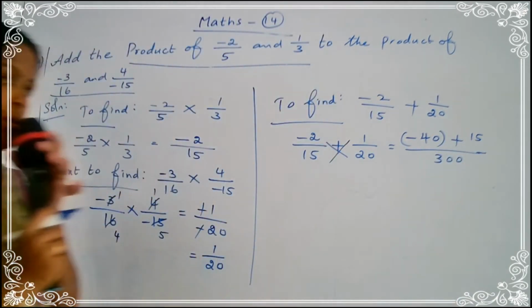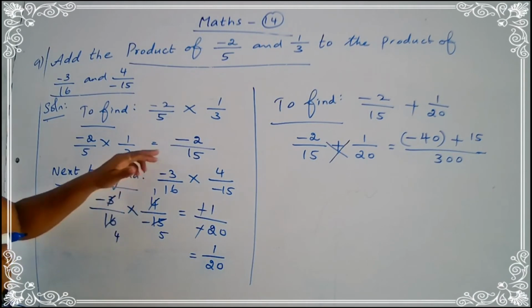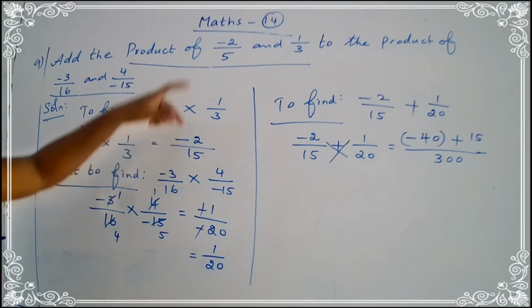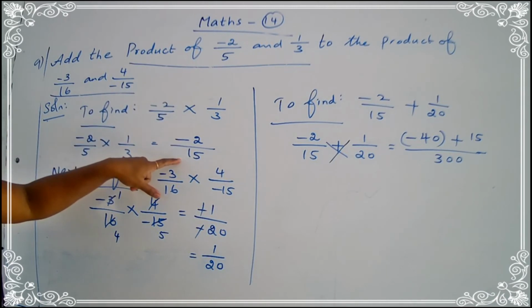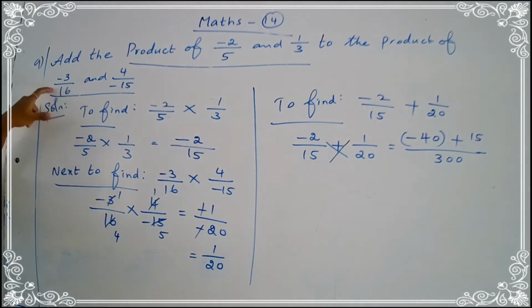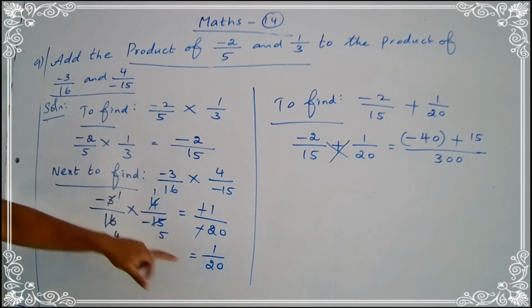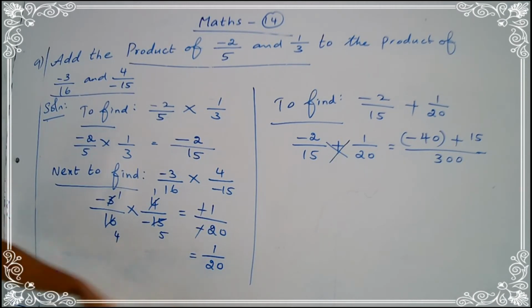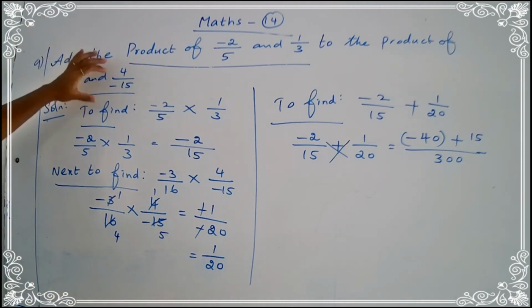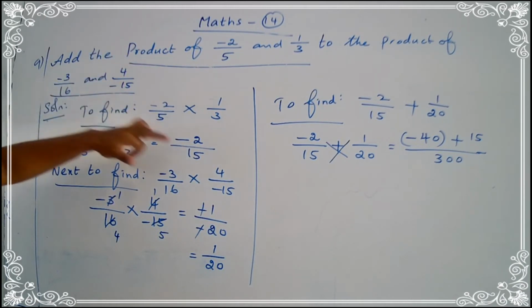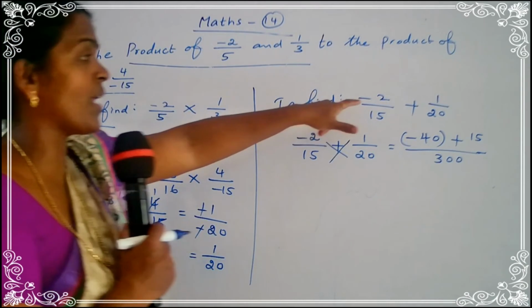Children, listen carefully. First of all you find the value of the product of minus 2 upon 5 and 1 upon 3, that is minus 2 upon 15. Next, the value of the product of minus 3 upon 16 and 4 upon minus 15 is 1 upon 20. Now your question is addition, so we have to add these two answers. So we find minus 2 upon 15 plus 1 upon 20.